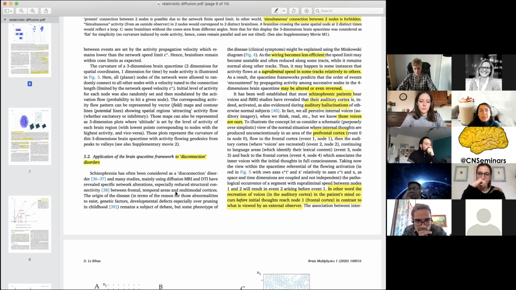For example, in schizophrenia, auditory hallucinations are described, where maybe it's not that there is no connection between the activated brain regions, but maybe these connections have some timing that can make problems.